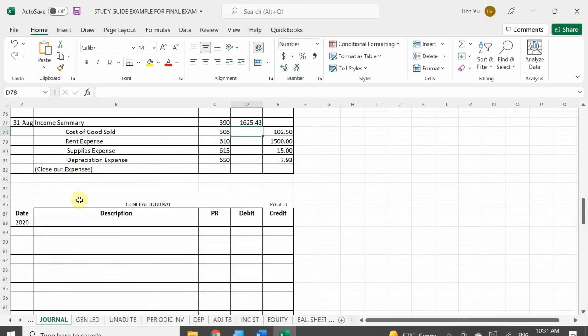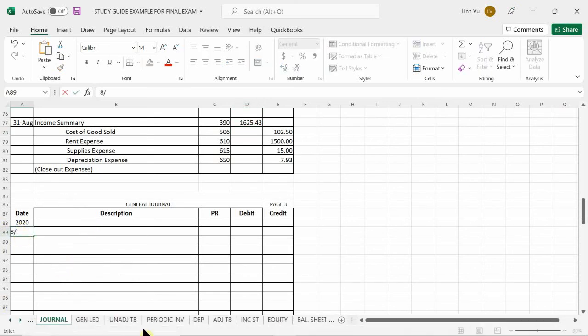Okay. And now we need to plug it into my equity account to reflect my new equity. So page 3 of my journal, we have to close out income summary to equity. In this case, I have a debit balance in my income summary. So therefore, I need to credit my income summary for the $1134.25.